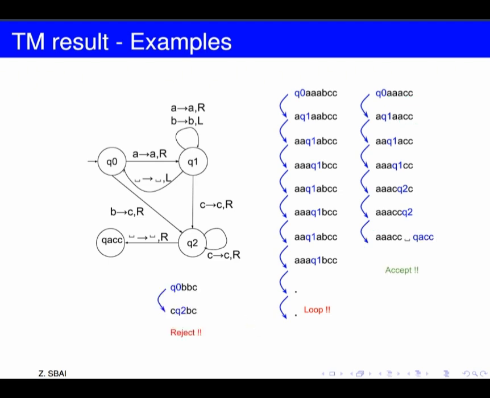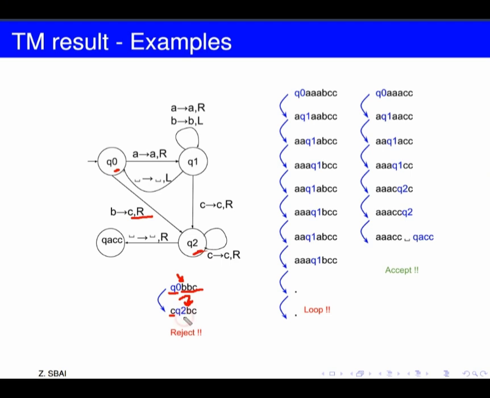Let's take the string BBC here, write it on the tape, start with Q0, we see a B on the tape, we will take this transition. It shows that we will write a C in the place of the B, and we will move right. Move right here shows that we will be pointing on the second symbol of the tape, which is B. And the next state is Q2.